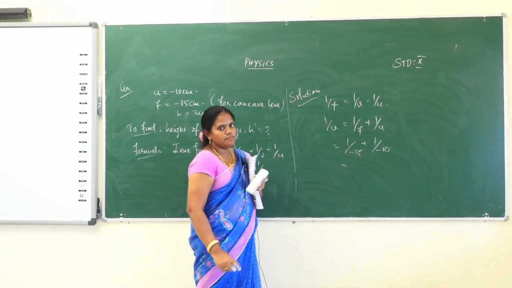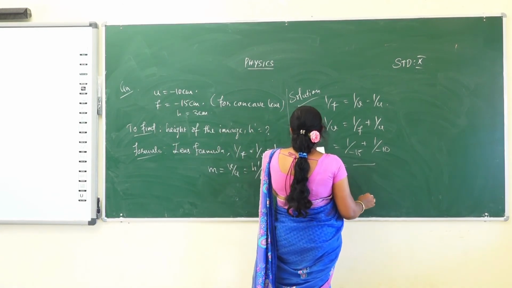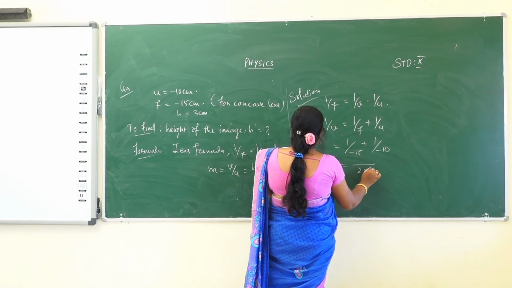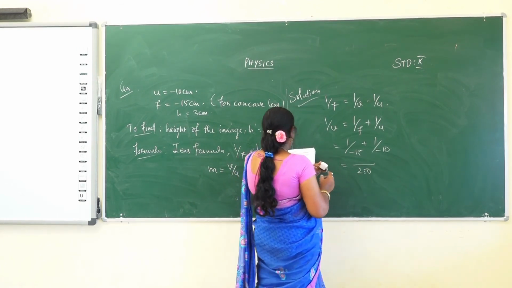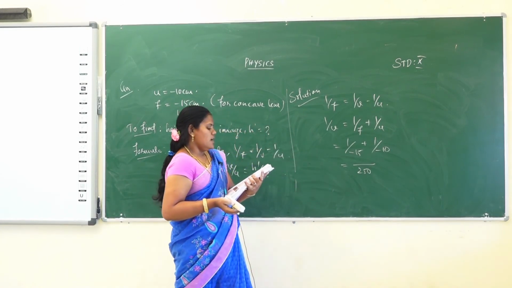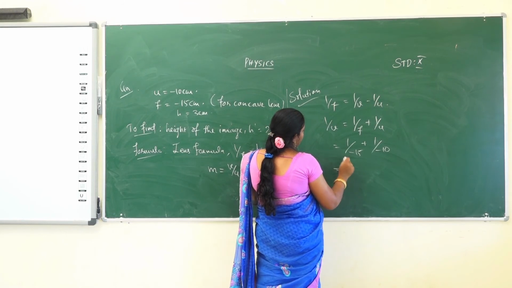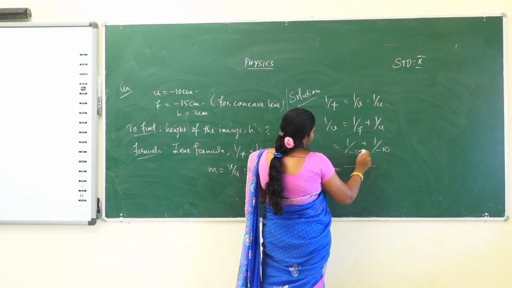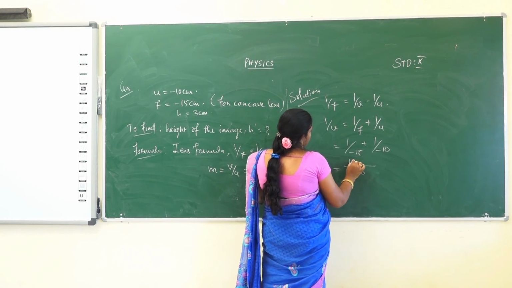So taking the LCM of 15 and 10, that is 150.